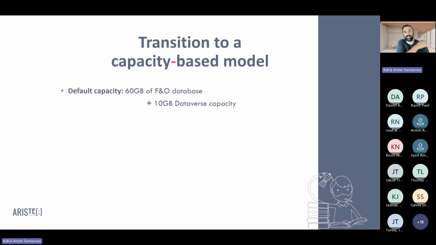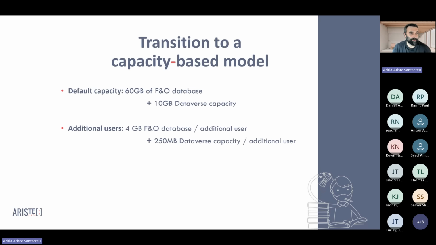We will also see this later. Then for additional users, we got for each user 4 extra gigabytes of FNO DB plus 250 megabytes of Dataverse capacity. And all of these capacity values are at tenant level.